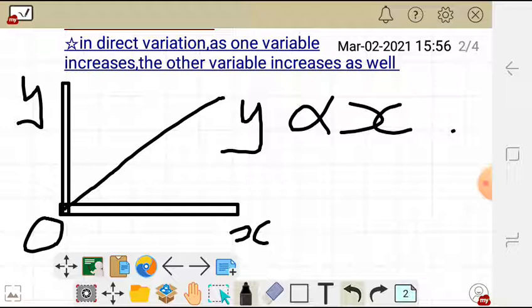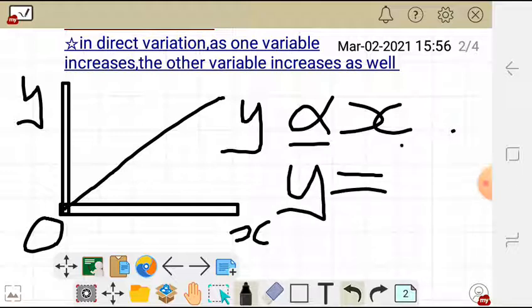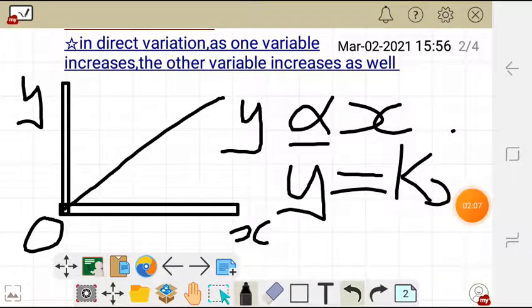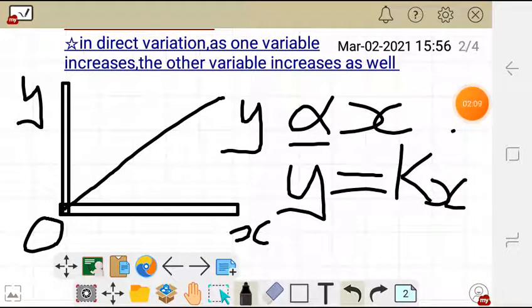To replace that alpha symbol here, we are going to have y equals kx, where k is the constant of variation. No matter how this graph changes, there will be a variable which will be constant.